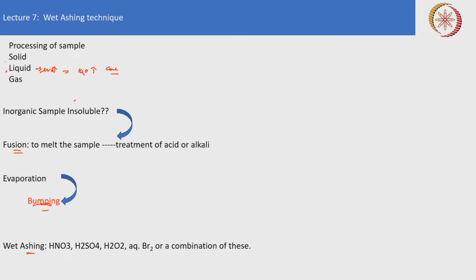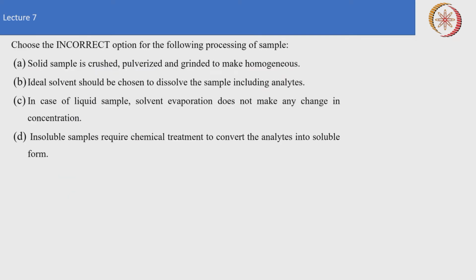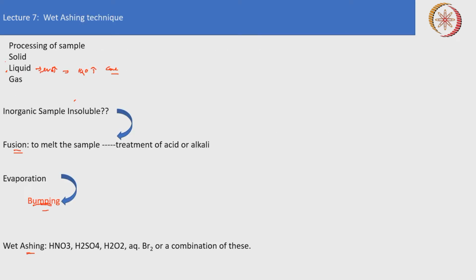The other thing is the ashing method, where we have learned that to decompose the solid sample we have to treat it with nitric acid, sulfuric acid, hydrogen peroxide, aqueous bromine, or different combinations of these with concentrated sulfuric acid, so that the organic part forms CO2 and H2O, and you can get the pure metal component in which you are interested.